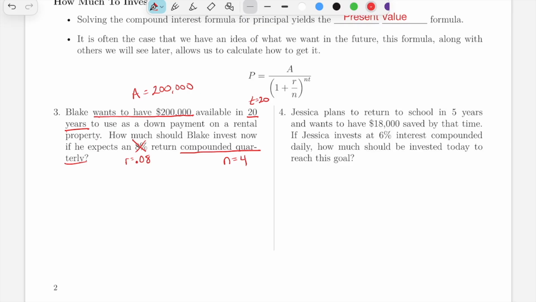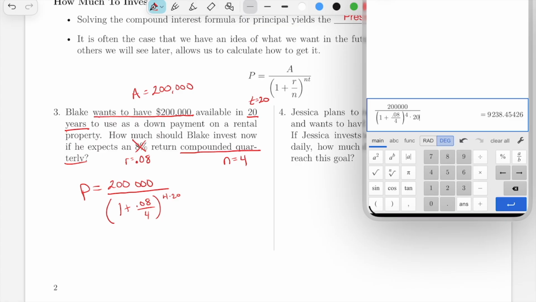Next, we'll go ahead and substitute all of these numbers into our formula. Now, when you look at my calculator, notice that my calculator doesn't look quite exactly the same as the equation that I have on my paper. And this is a really easy mistake for people to make. I didn't put parentheses on the 4 times 20.